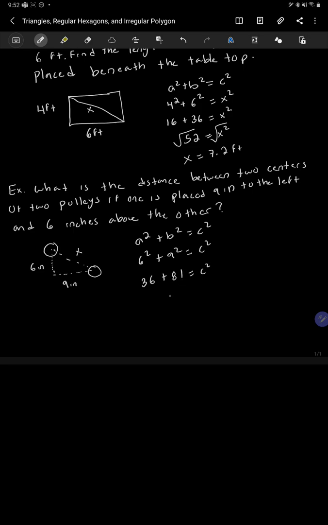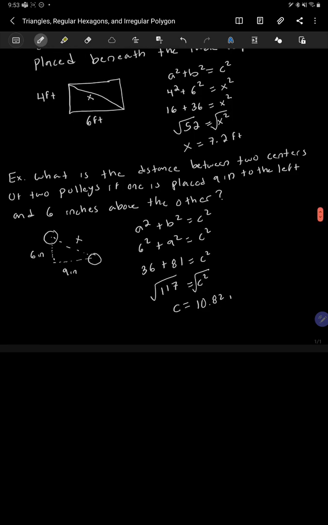We can solve this now. 117 equals c squared. Take the square root, and so c is equal to the square root of 117. So we got 10.82 inches. Cool.